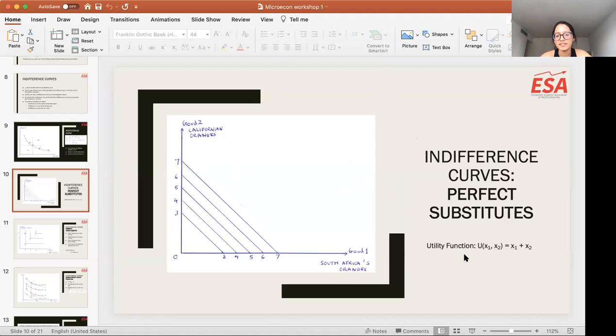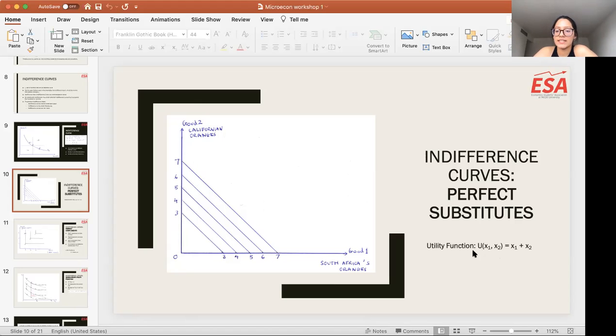It doesn't matter if you get South African oranges or Californian oranges. So it's always just straight lines for perfect substitutes, and they're always parallel. This depends on the quantity that you have, which they sometimes specify, and they probably will for the midterm, so that it's easier for you to draw.